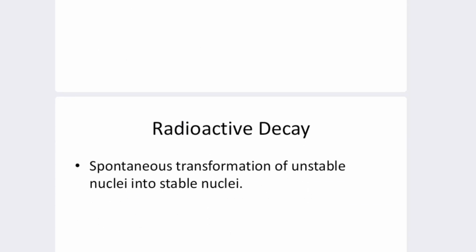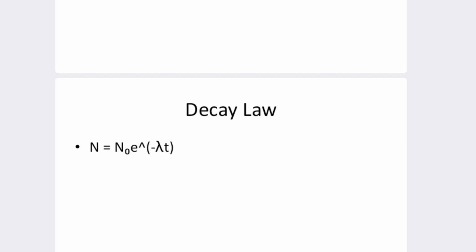Next is radioactive decay. What is radioactive decay? Radioactive decay is the spontaneous transformation of unstable nuclei into stable nuclei. This follows the radioactive decay law. Rutherford and Soddy found that the rate at which a particular radioactive material disintegrates was independent of the physical and chemical condition.